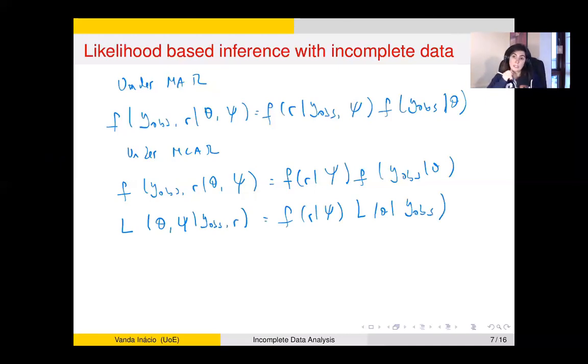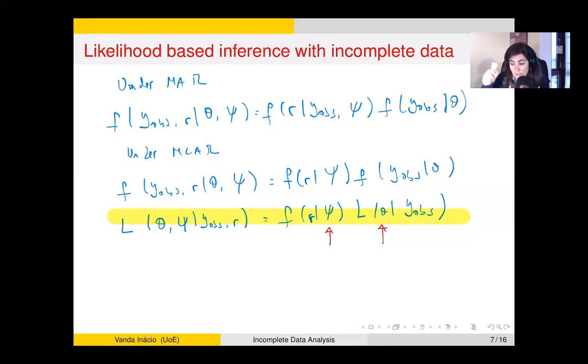We have already made an assumption that data were missing at random, or missing completely at random in a more extreme case, but missing at random is not as strong as missing completely at random. And so this is the expression that I have. Again, psi and theta can be vectors or scalars.